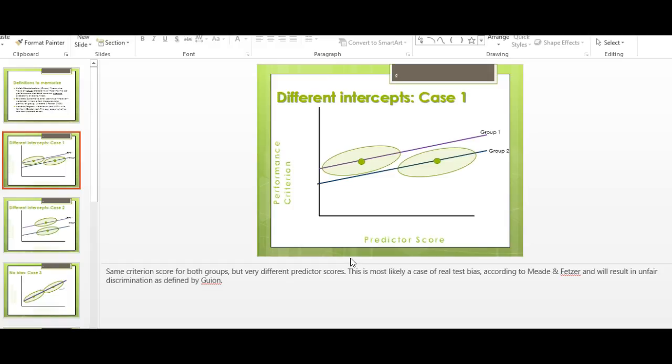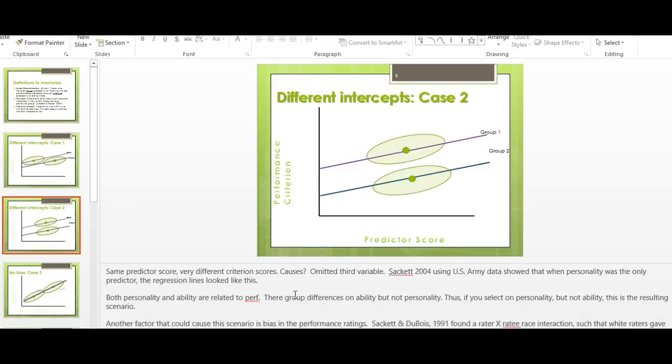That means both groups are performing equally on the job, but the selection test is putting a big gap there for some reason. So that is not good. Mead and Fetzer again say this is probably a case of real test bias, and this would result, of course, in unfair discrimination.